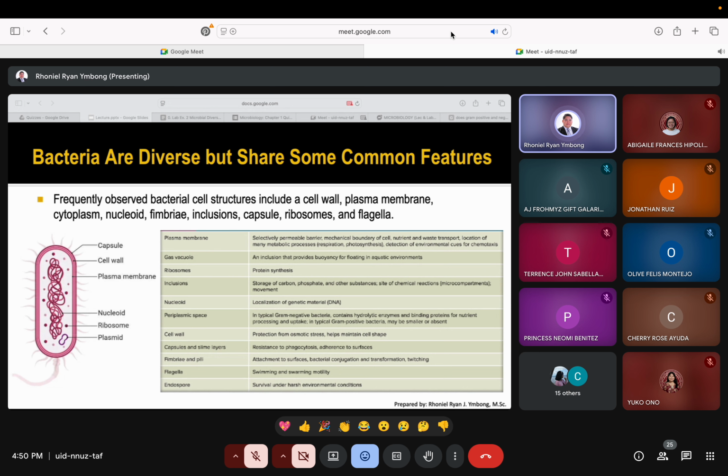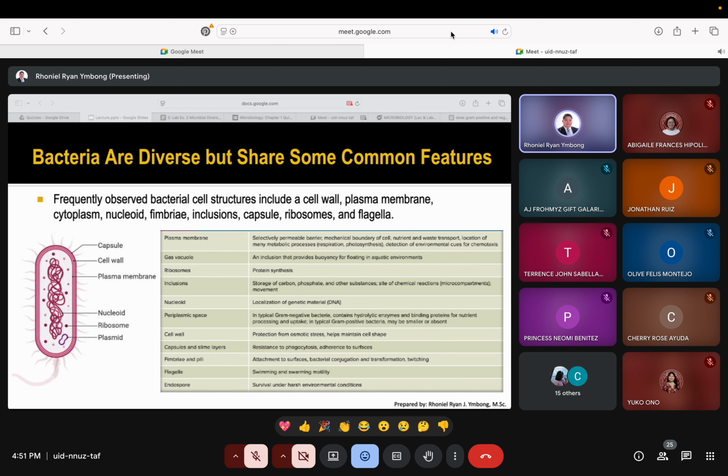What else? Pili or fimbriae. These are actually cytoplasmic projections which are used by your bacteria to attach themselves to another bacterial cell during conjugation processes. So what is conjugation? This is actually one type of what you call horizontal gene transfer, wherein your bacterial cell can eventually maintain genetic variation.